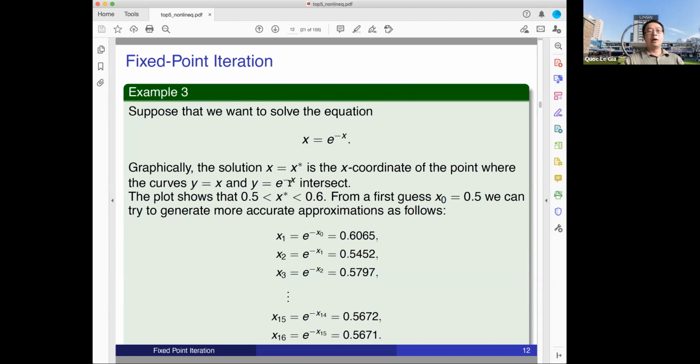Now suppose I start with the initial guess x_0 equals 0.5. Then I compute x_1 by f of x_0, and then x_2 is just f of x_1, and so on. x_3 is just f of x_2. You see that after about 16 times, it starts staying at the same point. We call it a fixed point.